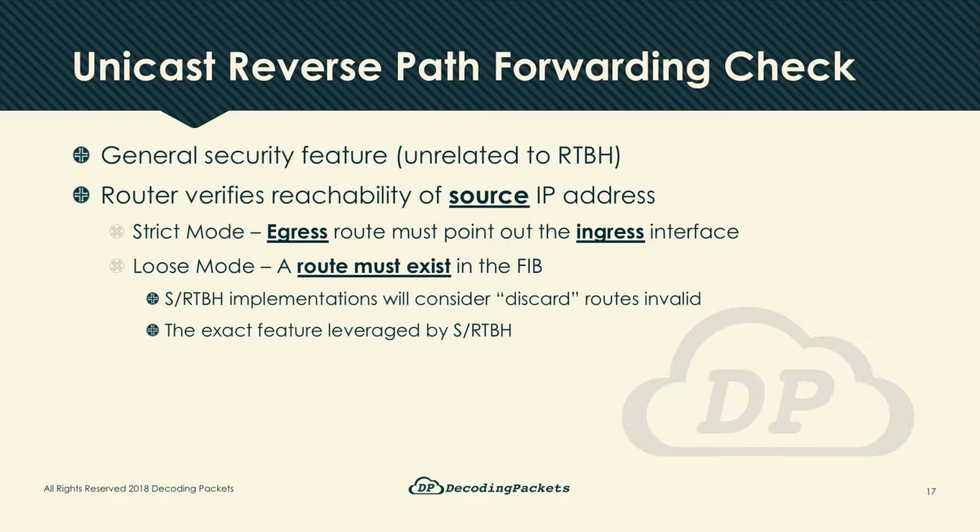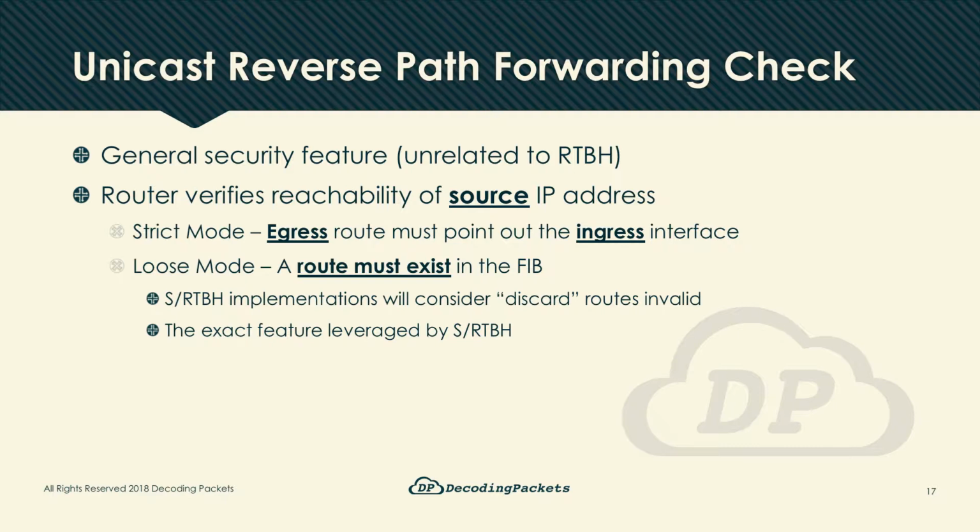Except depending on the implementation, an exception can exist only for a discard route specifically. So any packet whose uRPF check pulls up a discard route can be considered a failed check. Even though the route exists, if it's a discard route, it can be considered as a failed check, and based on that, the packet can be dropped.